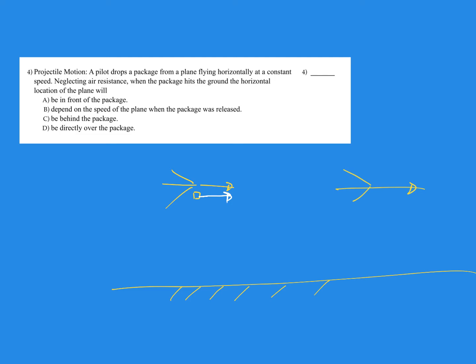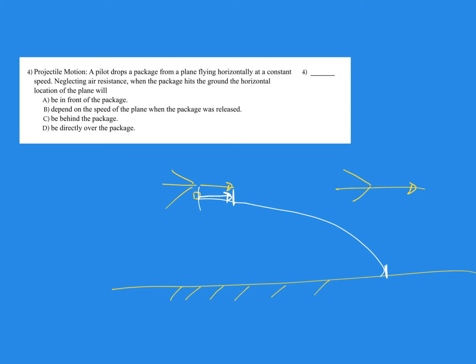It moves in the presence of a gravitational field with constant acceleration, but its horizontal velocity remains constant. So the trajectory will be a parabola, but the x component of the velocity never changes, and it is the velocity of the plane.